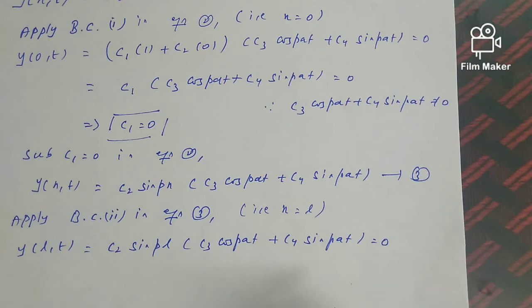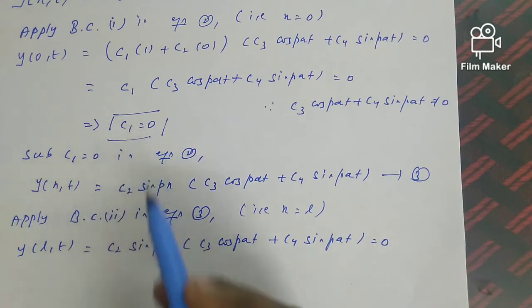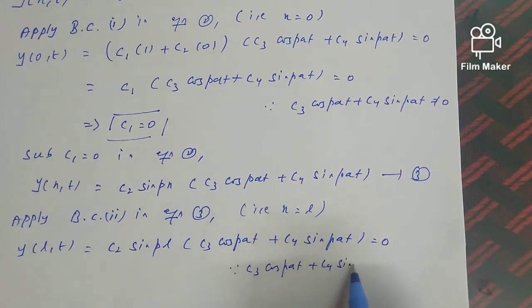So C2 is a constant, and already we have C1 equal to 0, therefore C2 is also not equal to 0.